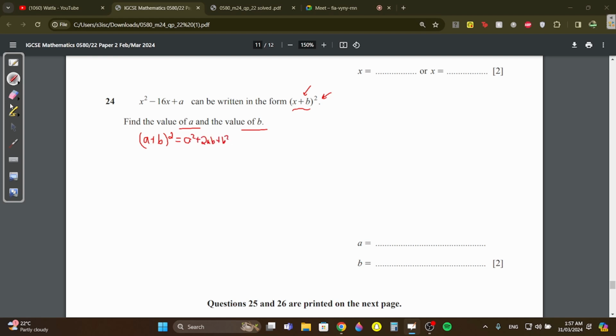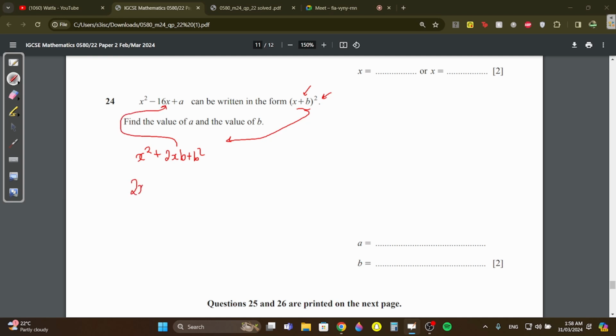This is the rule for the square of a sum. So if you expand x plus b squared, it's going to be x squared plus 2xb plus b squared.